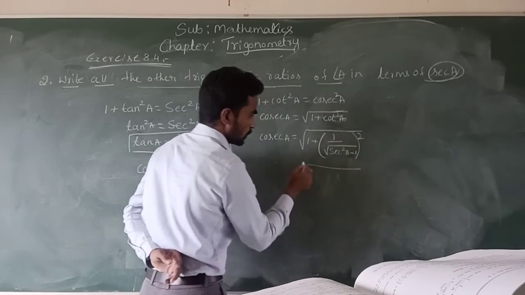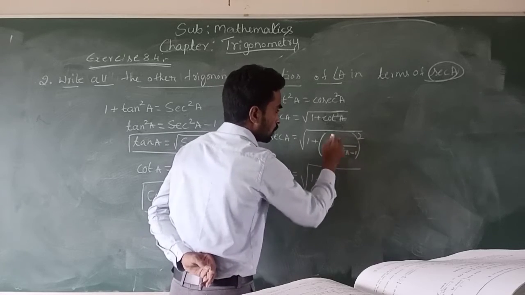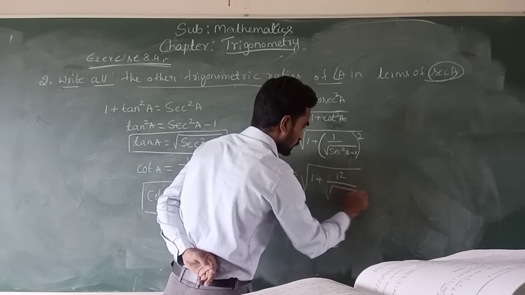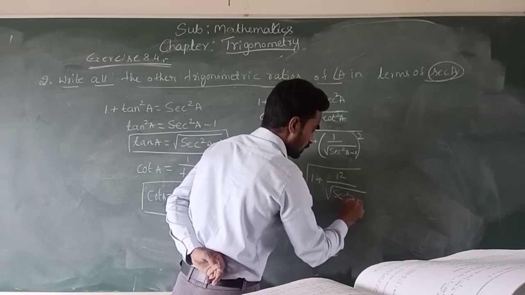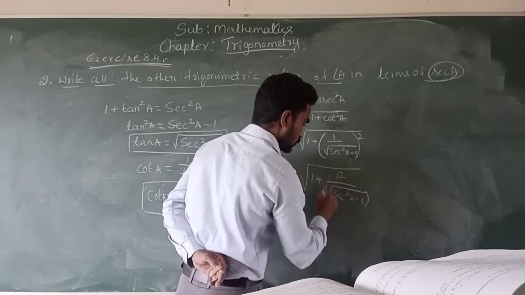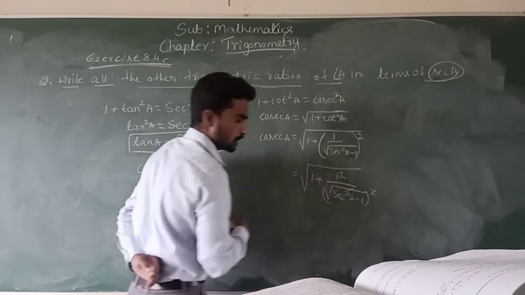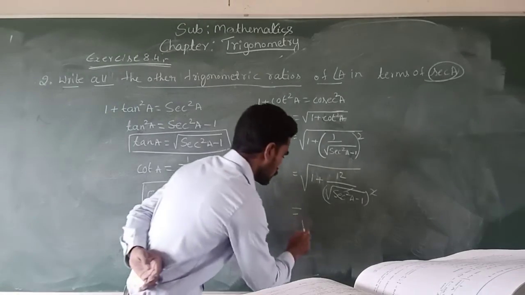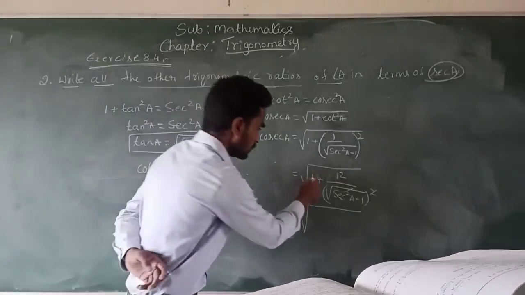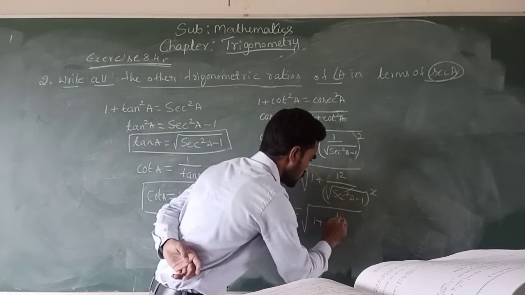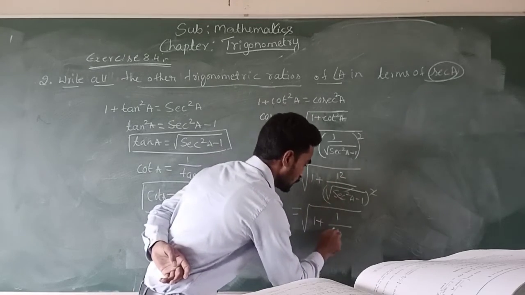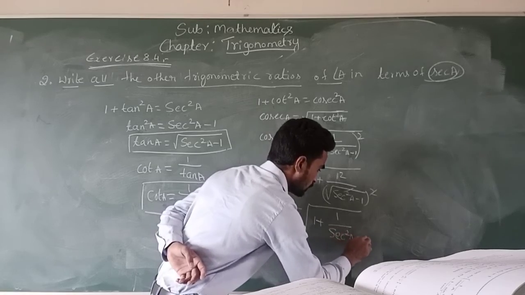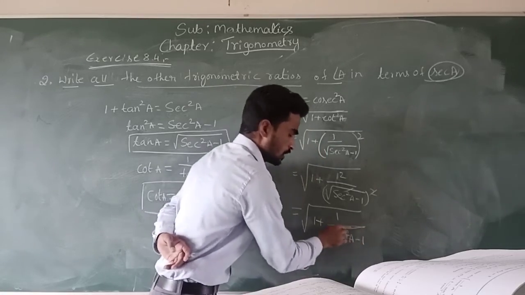Here the square root will cancel out. The remaining terms are 1 plus 1 divided by secant square A minus 1.